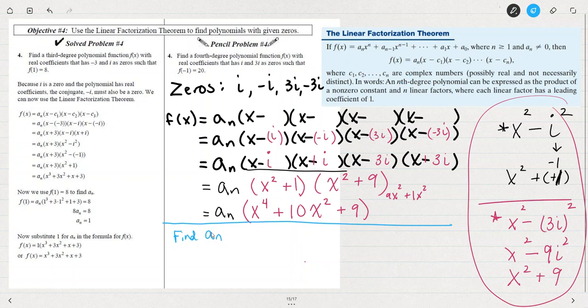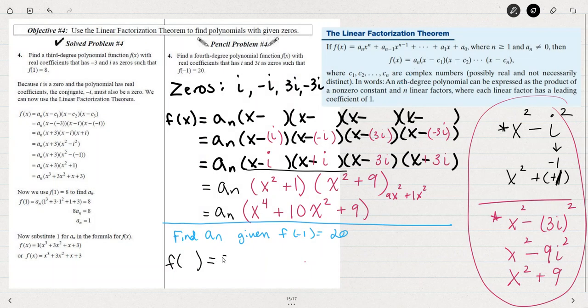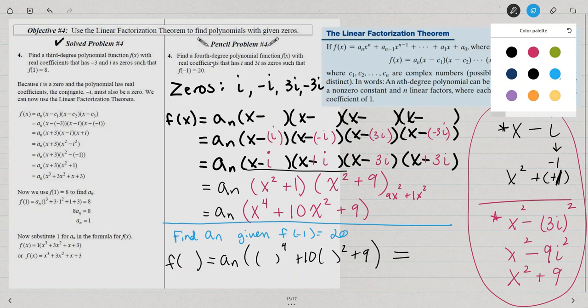We need to find the constant, the value of a sub n. And we do this given that f of negative 1 is 20. So if f of negative 1 is 20, then I could go back to what f of x is. f of x is a sub n times x to the fourth plus 10x squared plus 9, and I know that this is equal to 20.